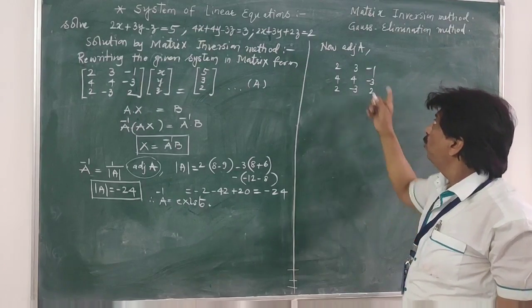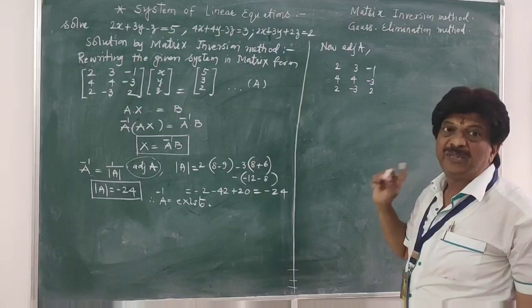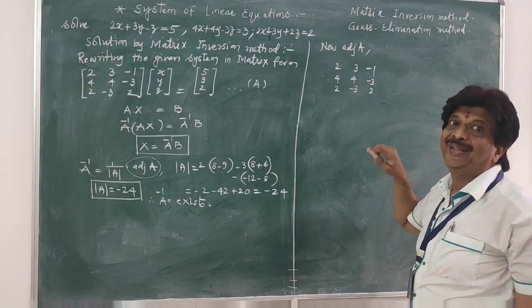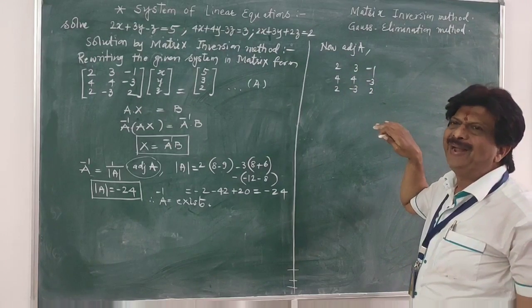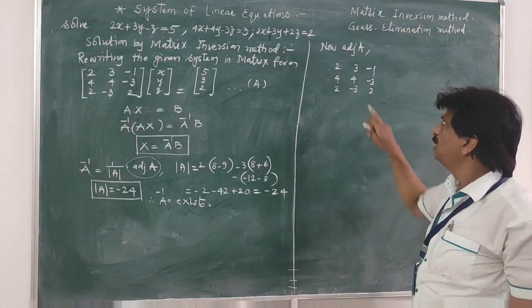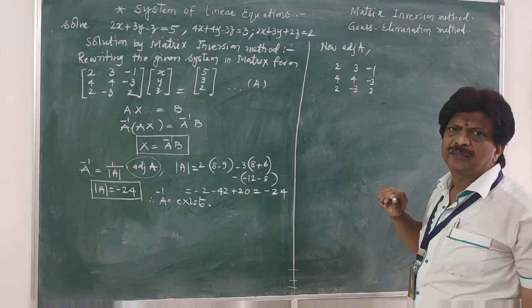I am providing you a very quick method of finding the adjoint of matrix A. Now, just rewrite the matrix capital A.